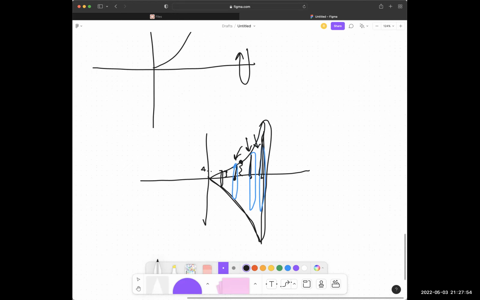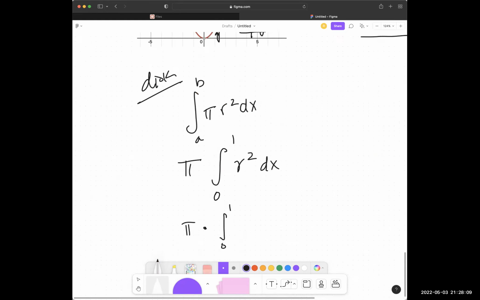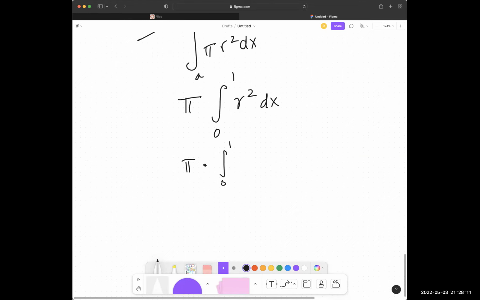We want to say it for each and every single disk. And so the idea here is that for each and every single disk, the function will tell us what the radius is, because we're touching the function for each of these radiuses. This function is x squared, and therefore x squared will tell us the radius for any given disk. Therefore, the radius is x squared, but we're supposed to take the radius and then square it.